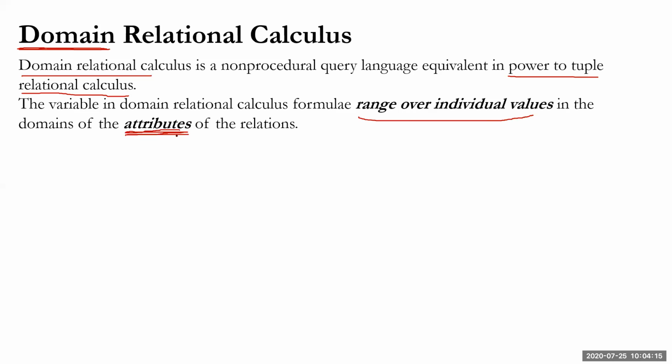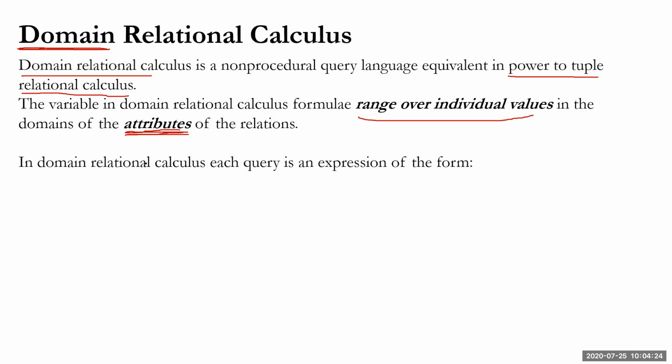Today we'll continue, and concentrate on how to write some queries in domain relational calculus. The general form of domain relational calculus is open and closed curly braces, within which x1, x2, x3, and so on up to xn, the attributes, are considered, such that P of x1, x2, x3, and so on. What does it mean? P is a predicate, it is a condition.